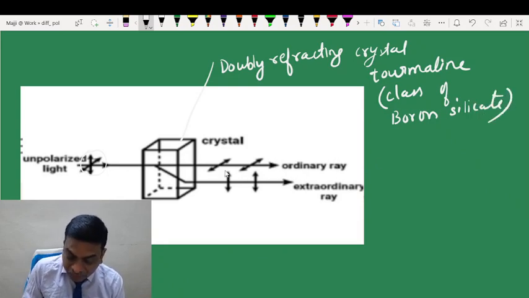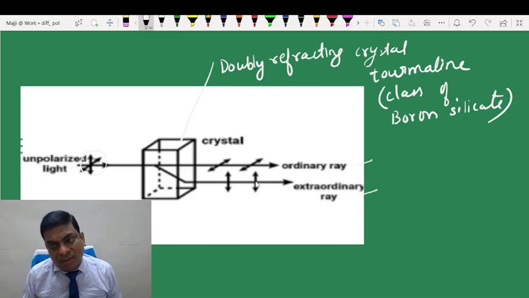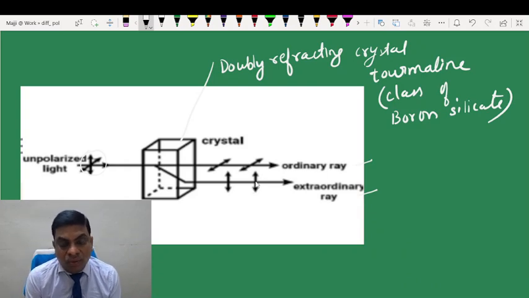You can see the electric field vibrations which are in the plane of incidence are carried away by the extraordinary ray, and those which are perpendicular to the plane of incidence are carried away by the ordinary ray. So individually both are plane polarized. That is by nature. We don't know how it happens.